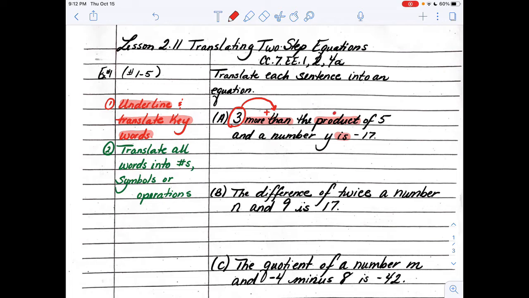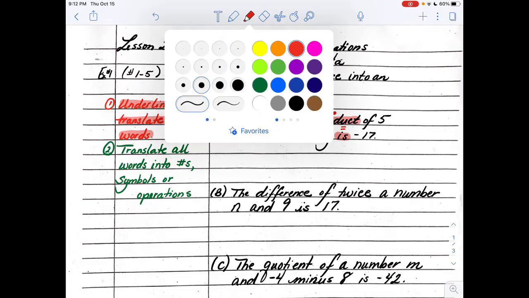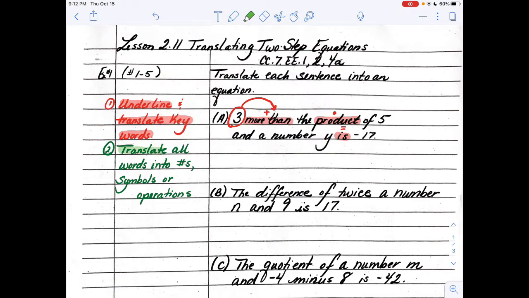Product is talking about multiplying, and is our equal sign. So now let's go ahead and actually start to translate. And you translate every word because remember, in algebra, there's no English words. It is completely numbers, symbols, and operations.